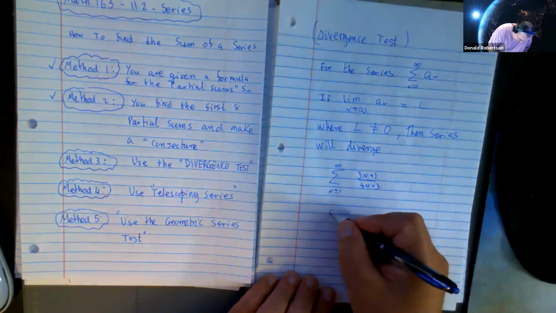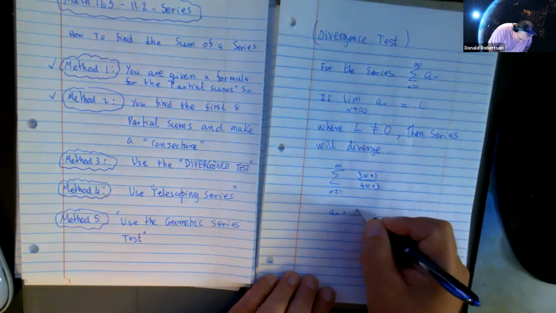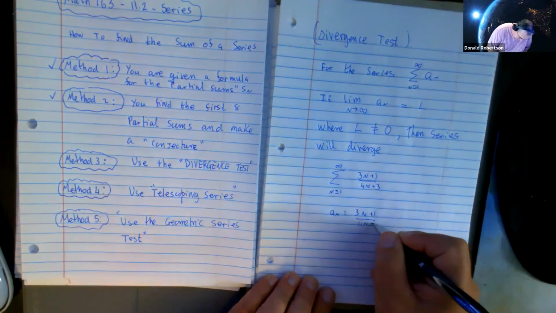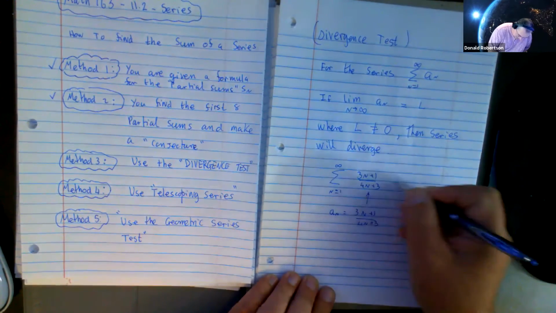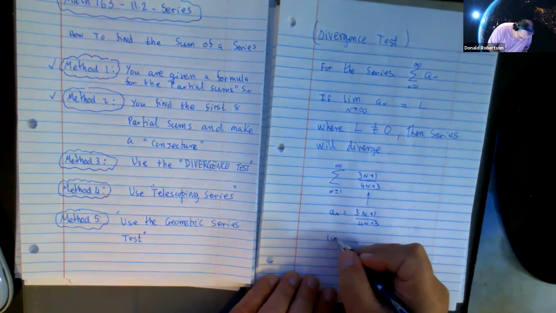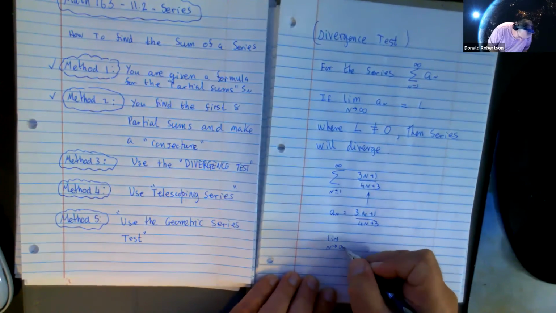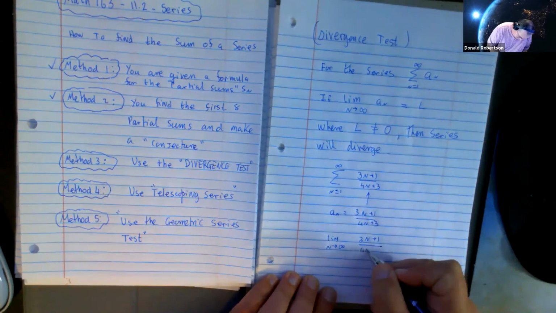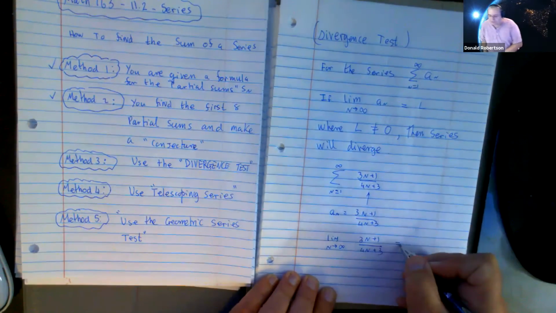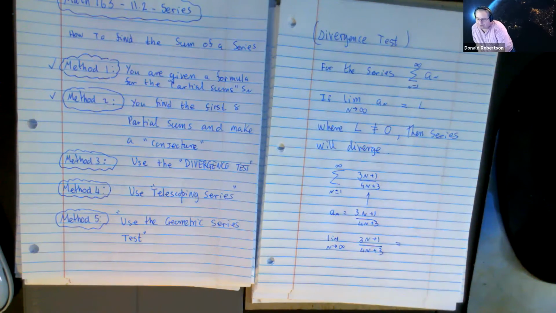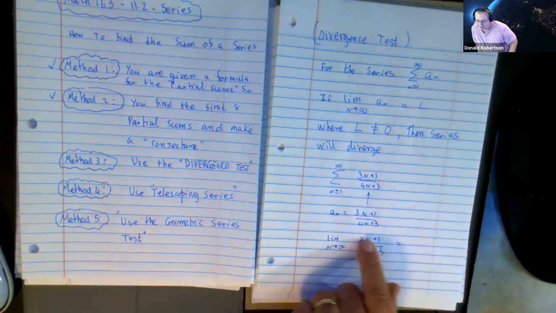Then the individual sequence that it came from, that's its formula. That's basically the a_n, isn't it? And I now find the limit as n tends to infinity. Okay, what's the answer to this limit? What's the limit of each individual piece?